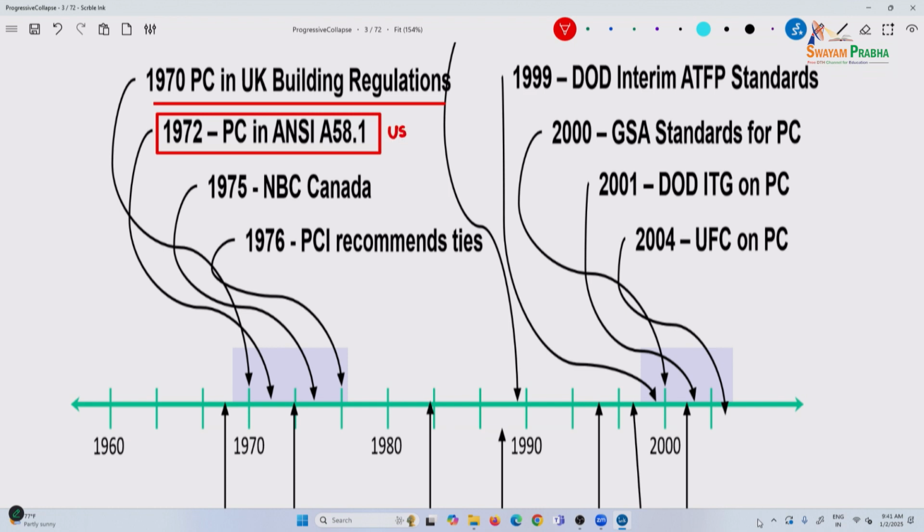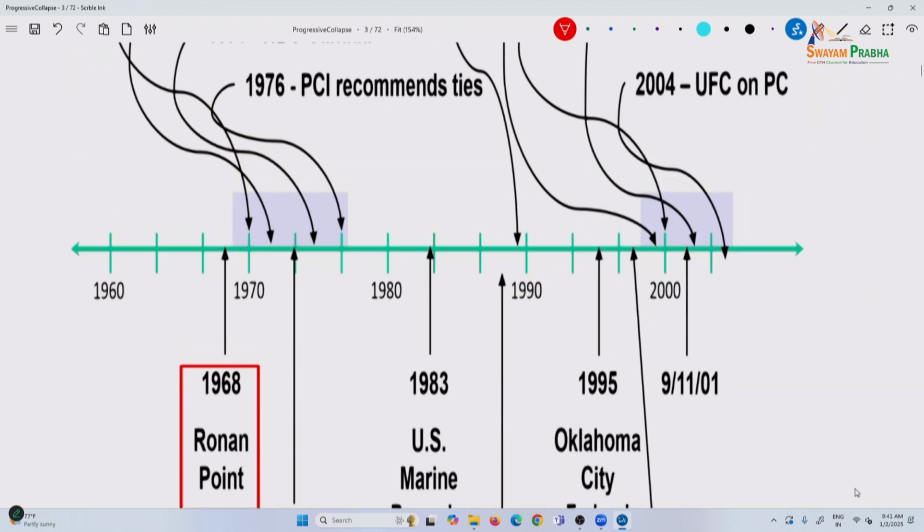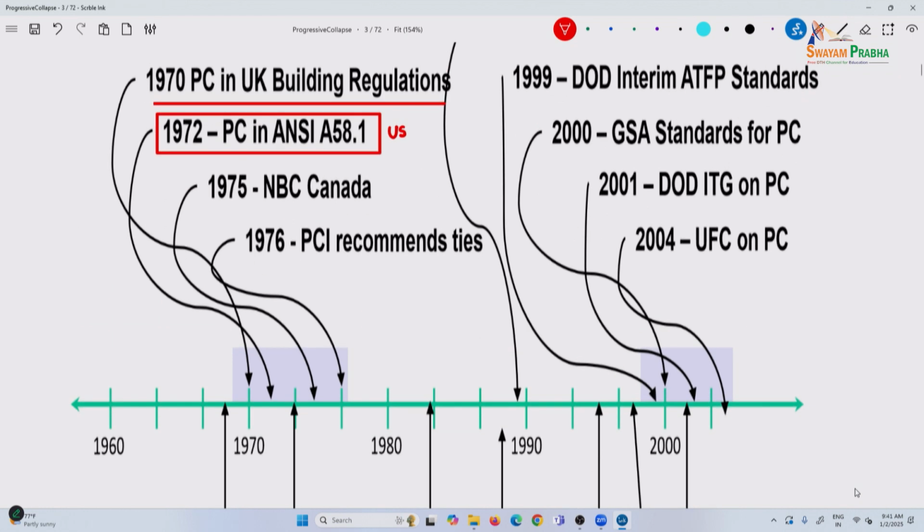It shows different timelines for different countries. Then NBC Canada in 1975, and then in 76 PCI, a US-based organization committee. So this is a precast industry.